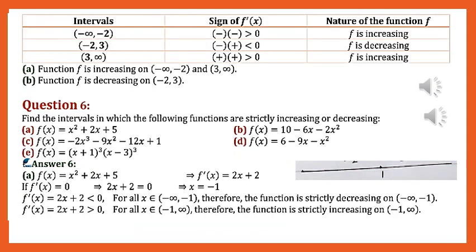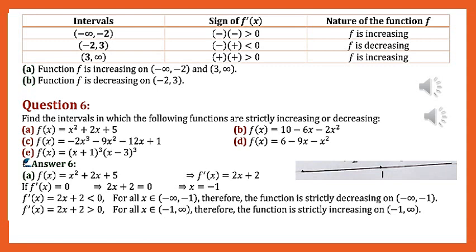Now we want to see the sign of f dash x in each of the subintervals. The first subinterval is minus infinity to minus 2. Now you choose a number in this interval. Let x be negative 3. Then what is the sign of f dash x? f dash x is 6 into x minus 3 into x plus 2.